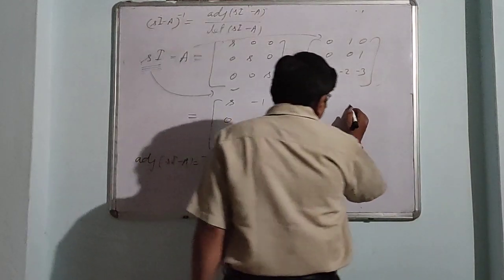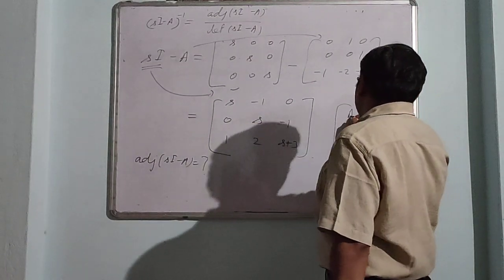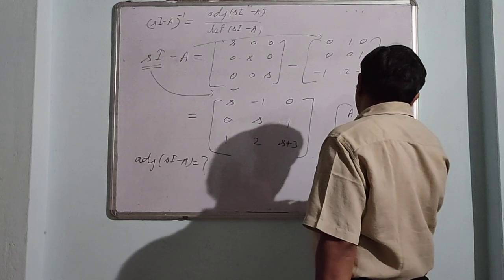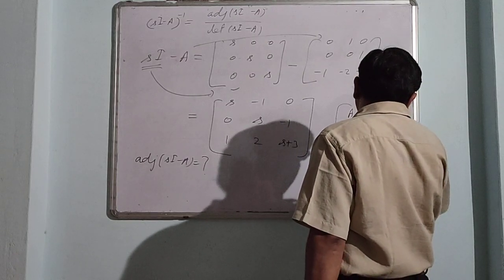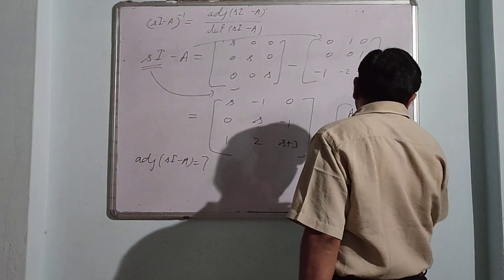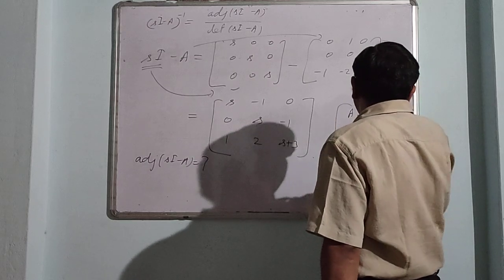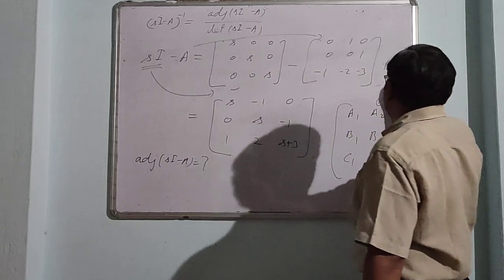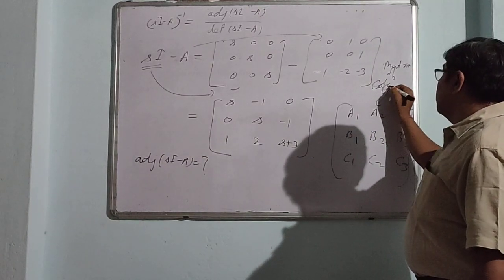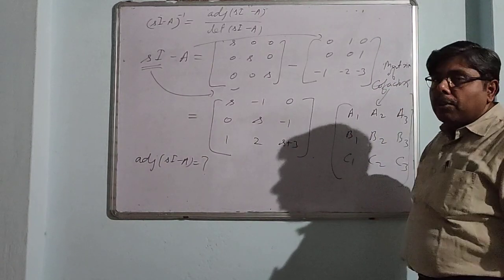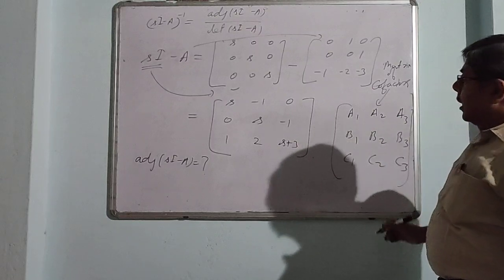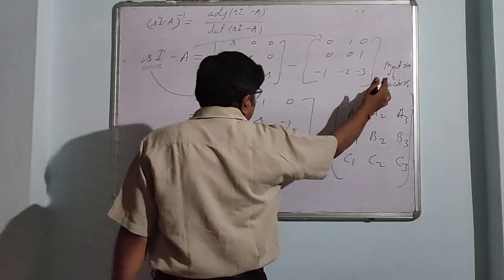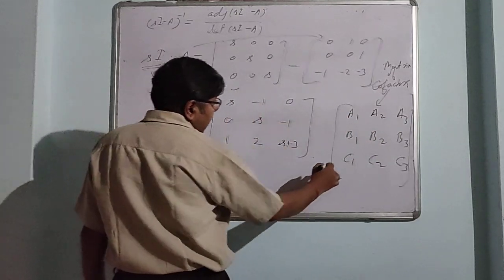Suppose the matrix of cofactors is given as A1, A2, A3, B1, B2, B3, C1, C2, C3. Suppose this is the matrix of cofactors. After calculating the matrix of cofactors, transpose it.